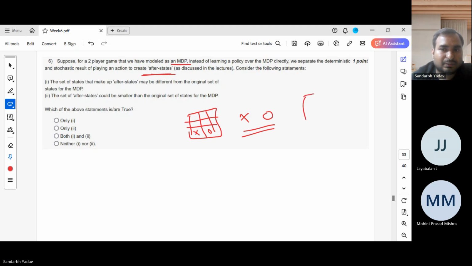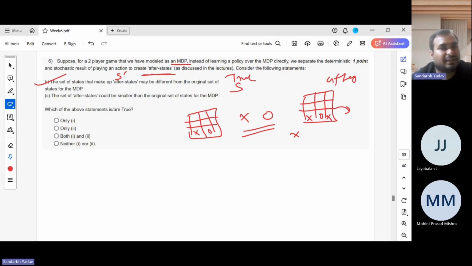But the opponent, which corresponds to the after state, if we have played one move, will encounter a state in which the number of noughts is one more than the number of crosses. So if the opponent plays like this and we play like this, then this state will be supplied to the opponent. This is its after state. The point is that the set of states that make up after states may be different from the original set of states of the MDP. We can call the original set S and the after state set S dash. So the complete set can be different. This is true.